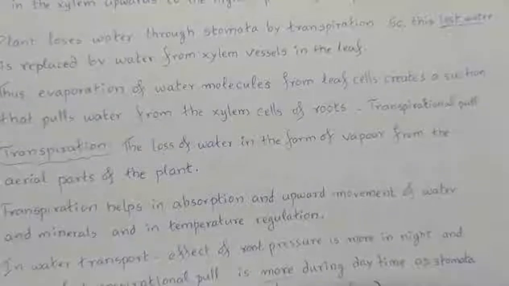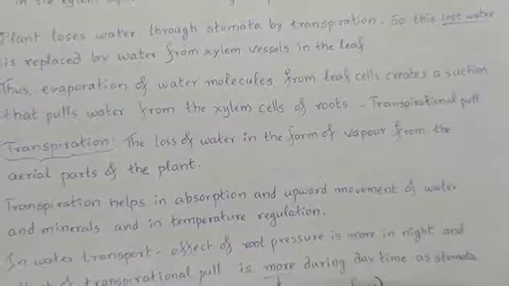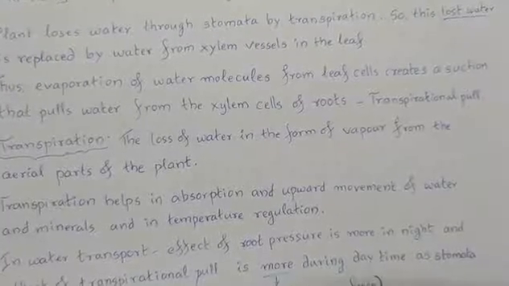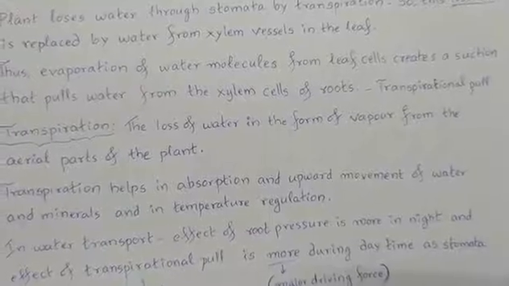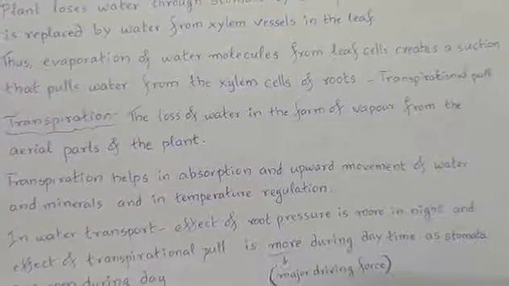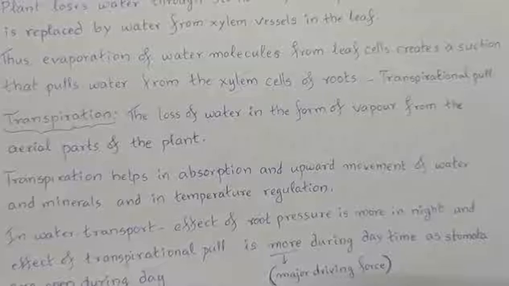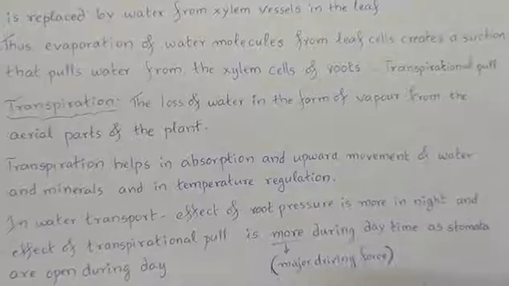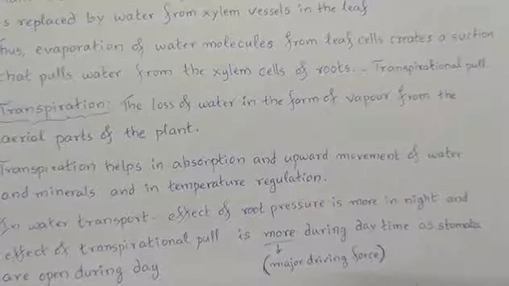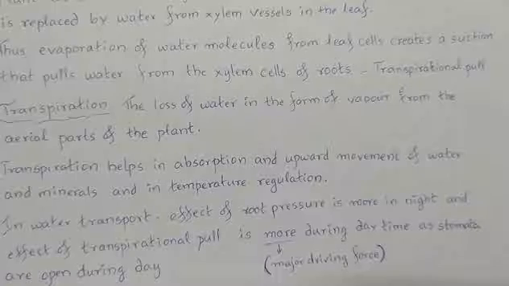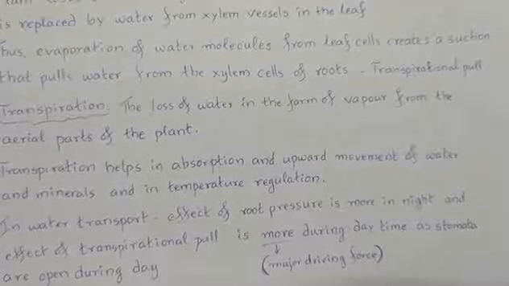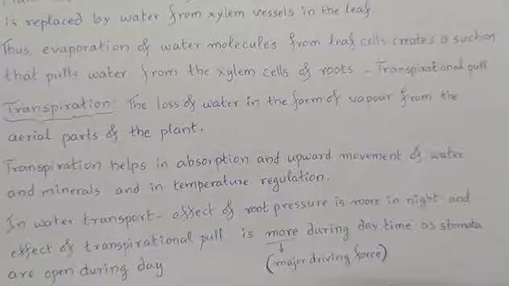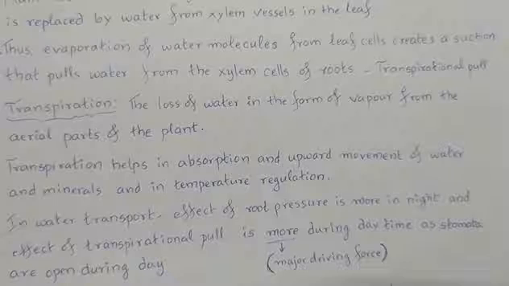And this water lost by transpiration is replaced by water from xylem vessels in the leaf, if the water supply is adequate. Thus, evaporation of water molecules from leaf cells creates a suction over the water column in the xylem.